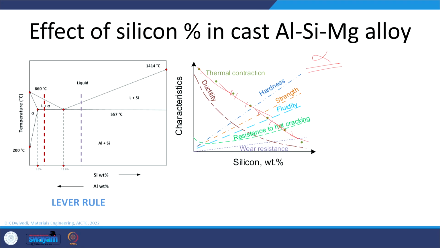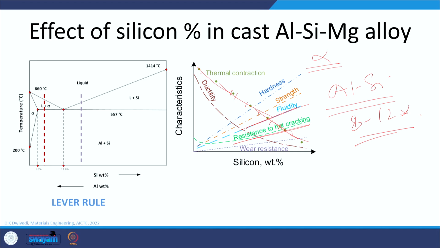So there are two things: the reduction in hot cracking tendency and the improvement in fluidity. These make aluminum silicon alloys very easy to cast, especially when the silicon content is around 8 to 12%. This makes casting very easy when we use aluminum silicon casting alloys.